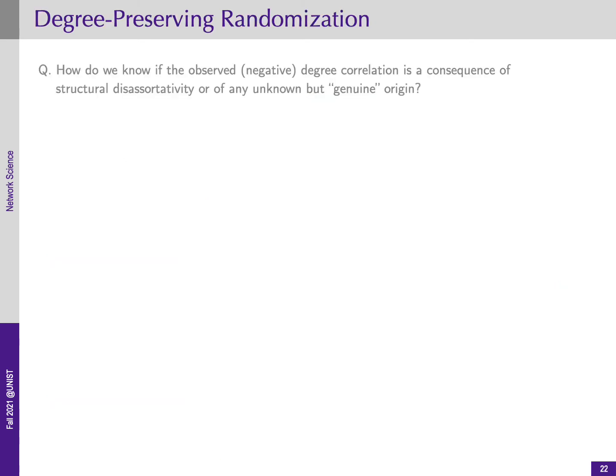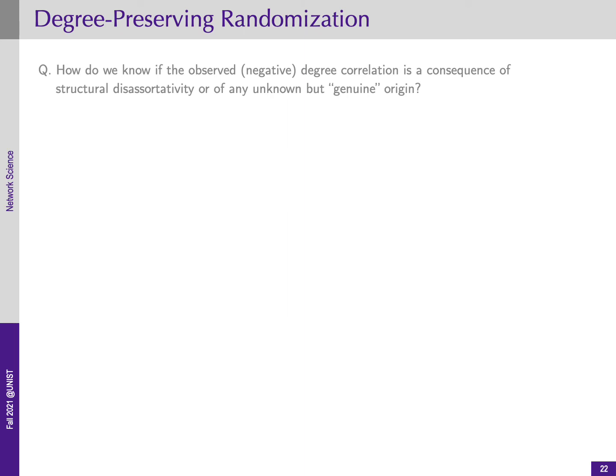Okay? Now the question is whether this apparent disassortativity observed in scale-free networks stems from a structural disassortativity, or whether it reflects any genuine underlying mechanism of network formation.